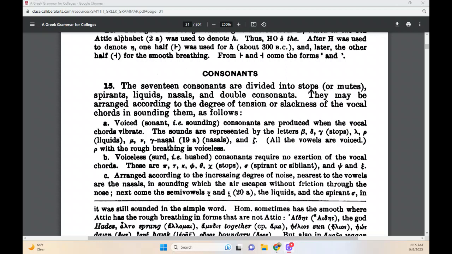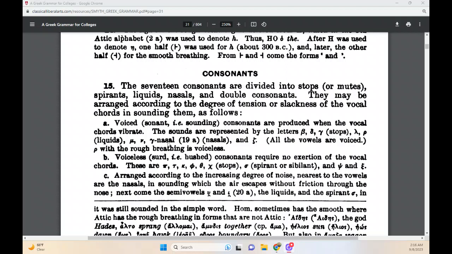A good example of this is the word angelos in Greek, which means angel. If we look at the spelling of the word angelos, we'll actually see that it's alpha, gamma, gamma. So if we just read the sounds of the letters, it would be aggelos. But that's not how it's pronounced.